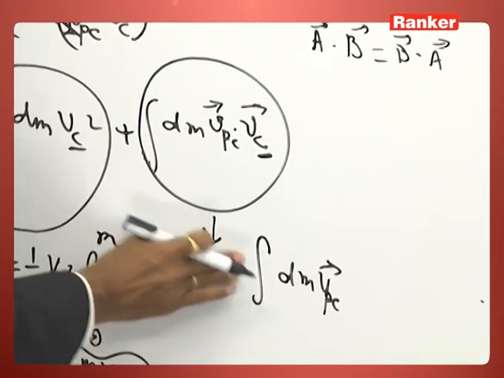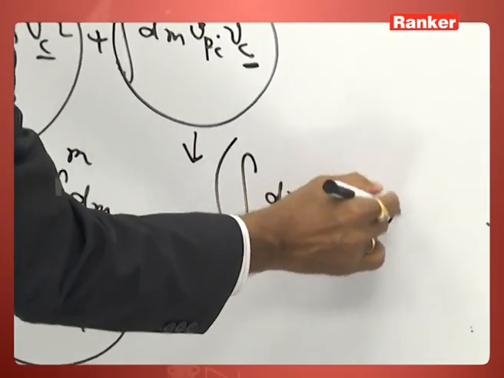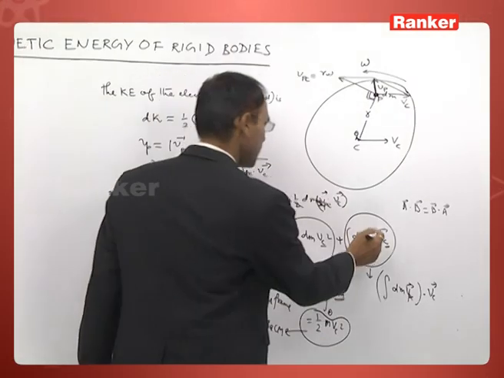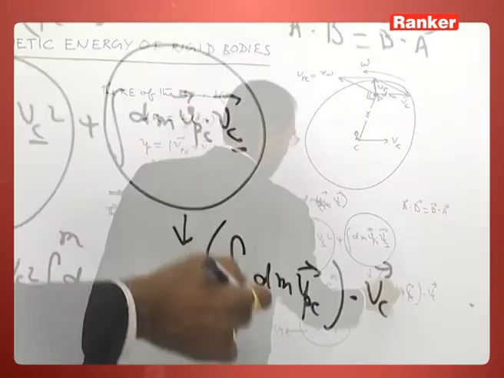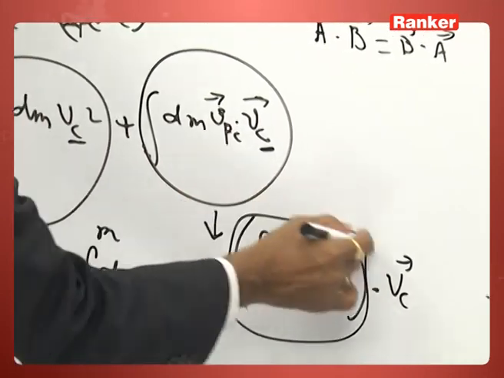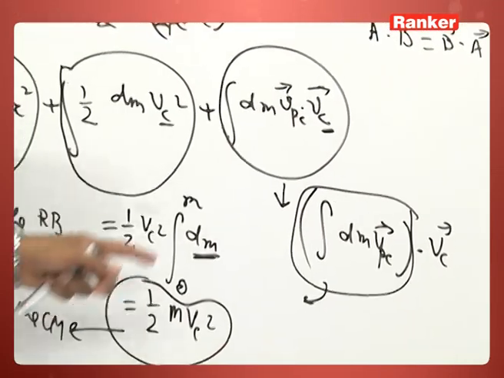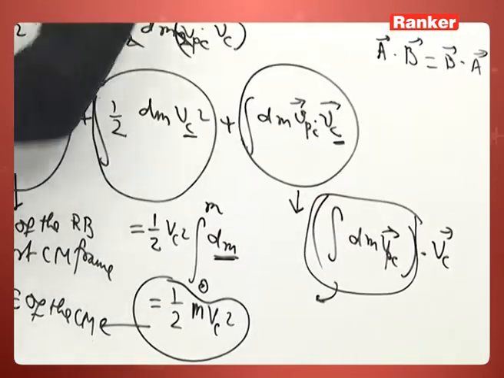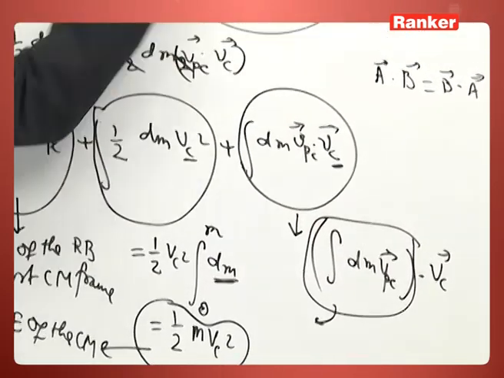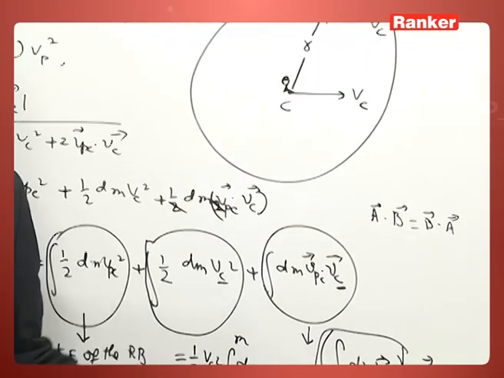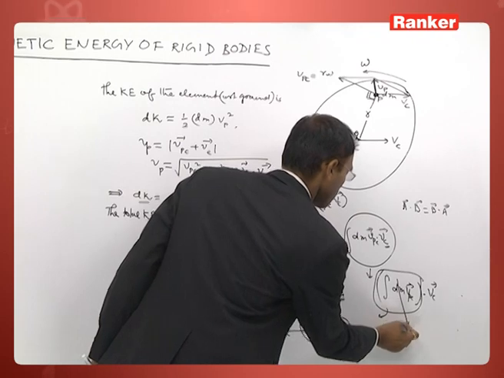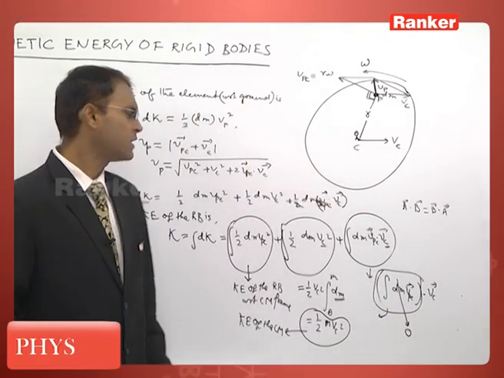The physical significance of the remaining integral is the sum of moments of all elements with respect to the center of mass, and that is equal to 0, in accordance with the property of the center of mass.